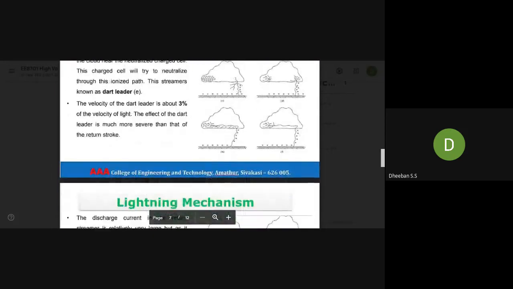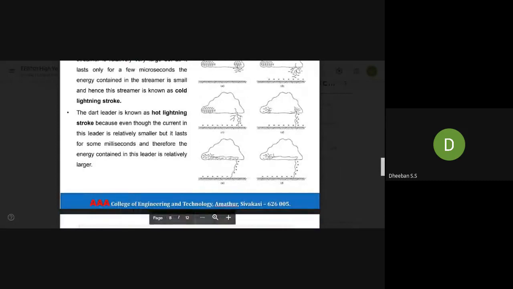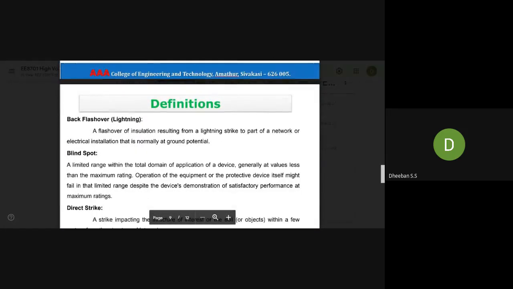Next are the basic definitions; you'll just be writing them out. First is the back flashover. Flashover is also similar to lightning: a sudden spark-like phenomenon.